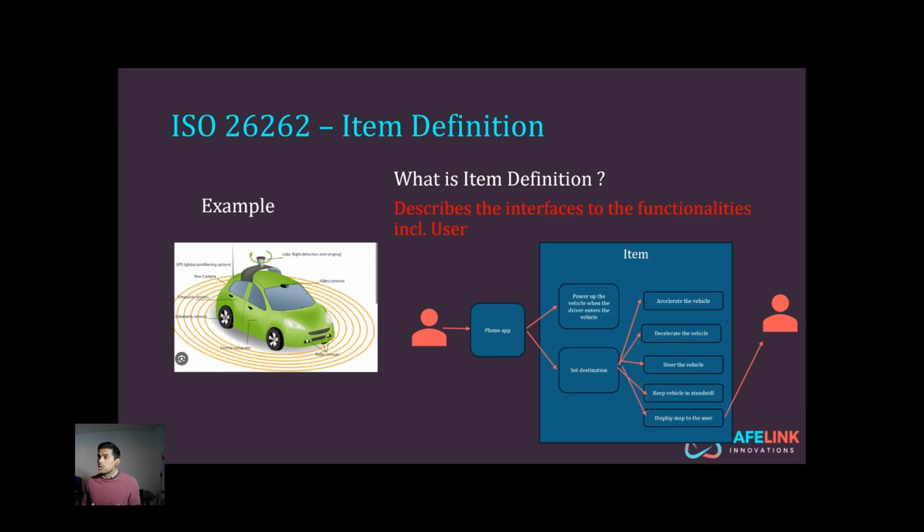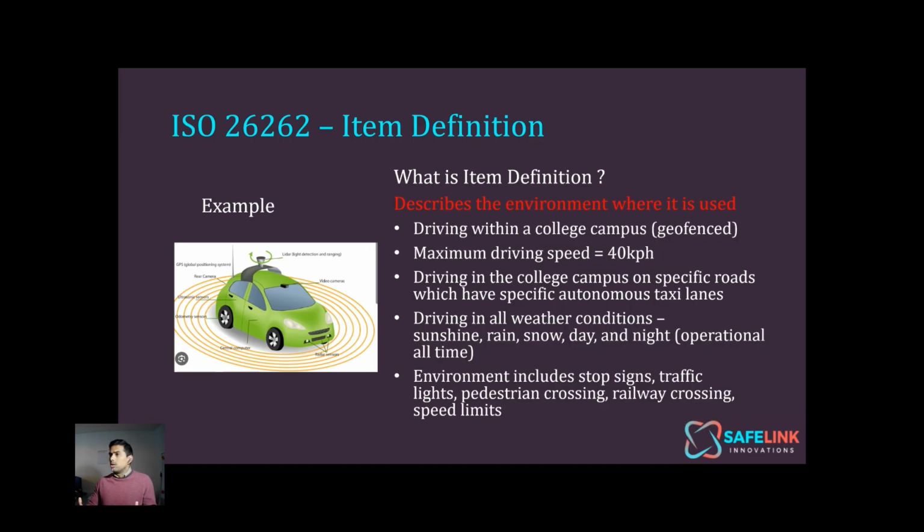The item definition should also describe the environment where this is going to be used. In this case, let's say it's a college campus which is geofenced, which means the moment it leaves the college campus, it's going to be disabled. The maximum driving speed is 40 kph. And we are also assuming that there are specific autonomous taxi lanes where it will drive.